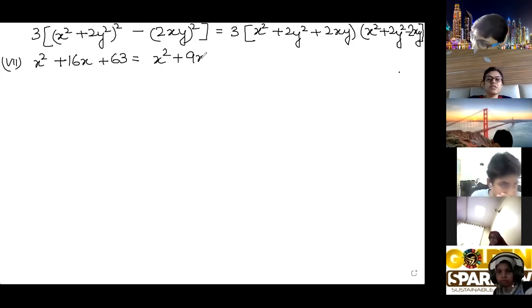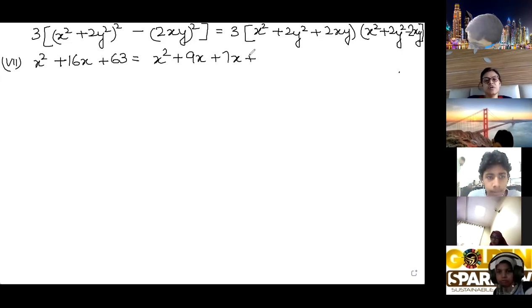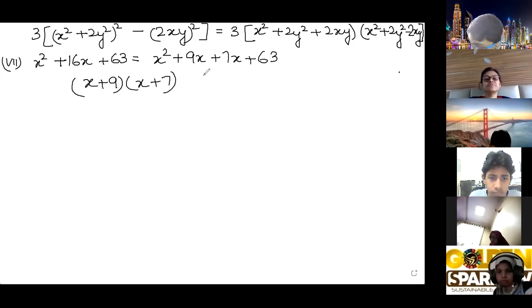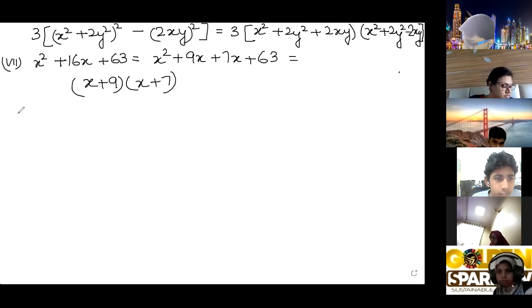So x square plus 9x plus 7x plus 63. What is the answer? x plus 9 and x plus 7. Write one more step and you will get this answer. Okay, 7th done.